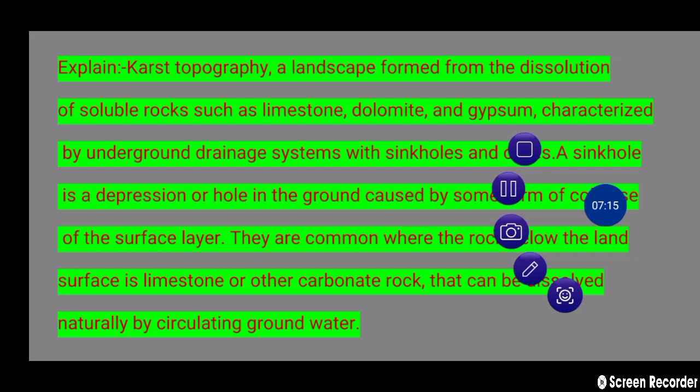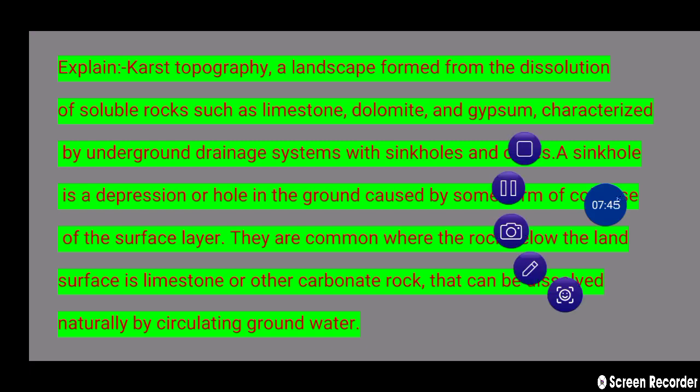A sinkhole is a depression or hole in the ground caused by the collapse of the surface layer. They are common where rock below the land surface is limestone or other carbonate rock that can be dissolved naturally by circulating groundwater. Next question.